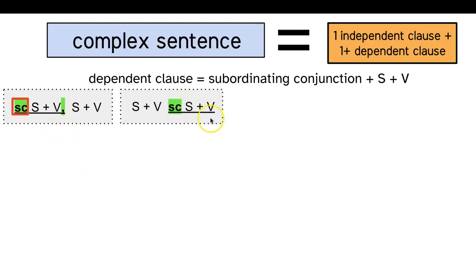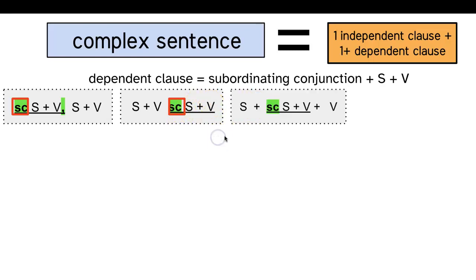Or we could move our dependent clause to the end, in which case our subordinating conjunction would be somewhere in the middle of the sentence, followed by a subject and a verb. And sometimes we'll see that our dependent clause comes in the middle of a subject and a verb. So you'd see the subject and then see a subordinating conjunction with its own subject and verb in the midst of another subject and verb.